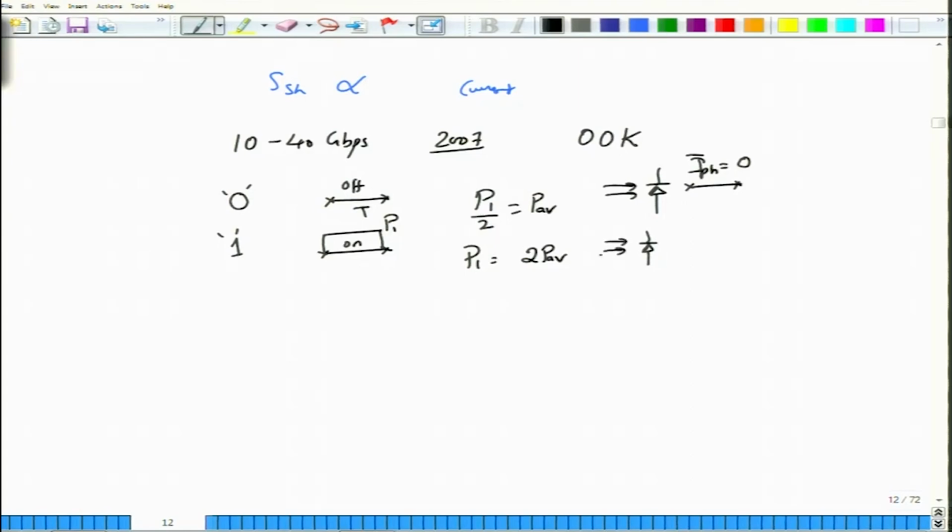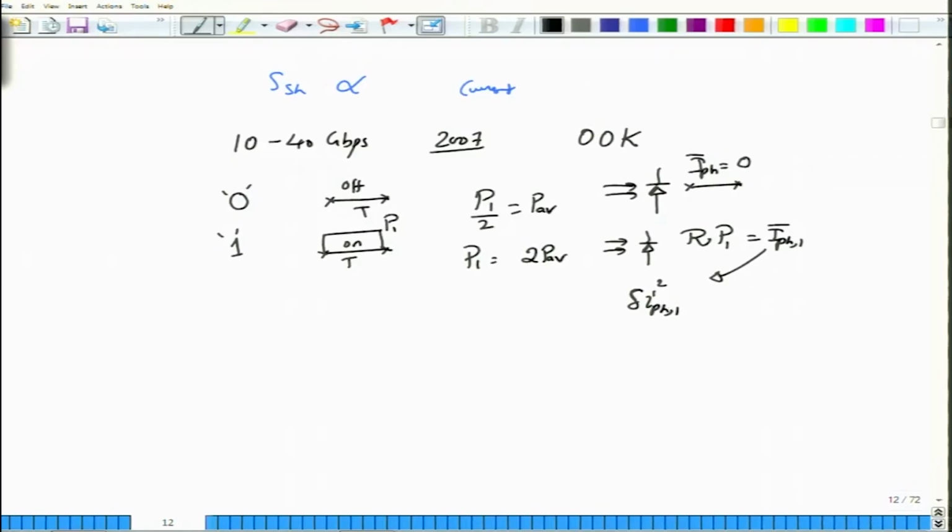However, the same photodetector will generate a current of R P1 when you send a pulse of power P1 over a certain duration T. I will call this I_PH1 bar, to denote that this is the average photocurrent that would be generated in the photodiode, and because there is this current, there will be shot noise, which we will write as delta I_PH,1.